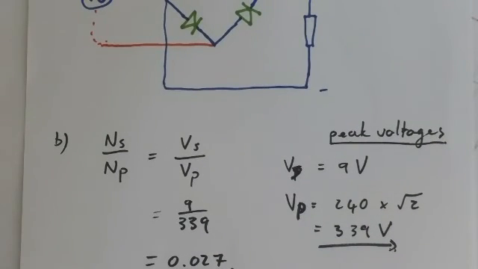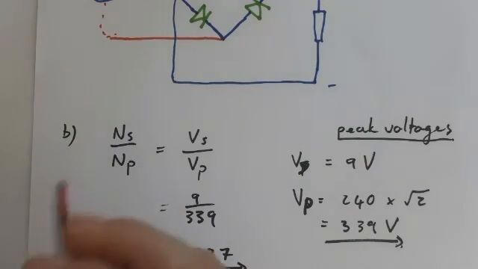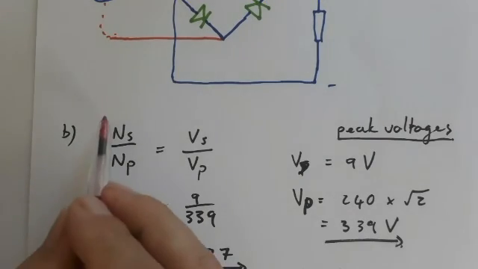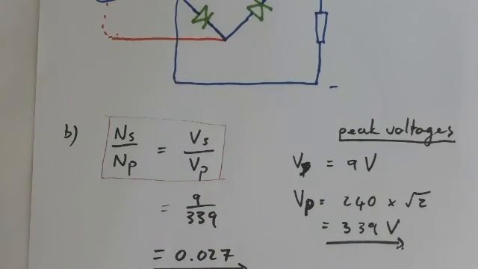Then they ask, calculate the ratio of the number of turns on the secondary coil to the number of turns in the primary coil. At face value, this is okay because they give us the direct voltage of peak value 9 volt obtained from a 240 volt alternating supply.